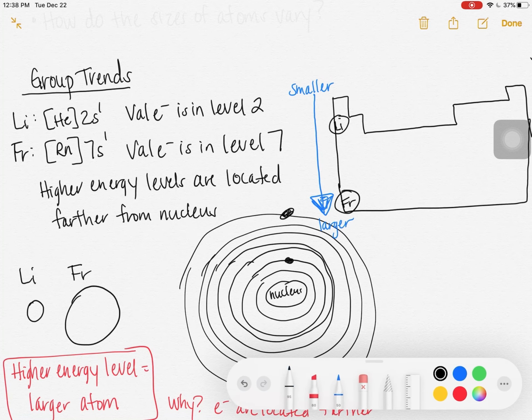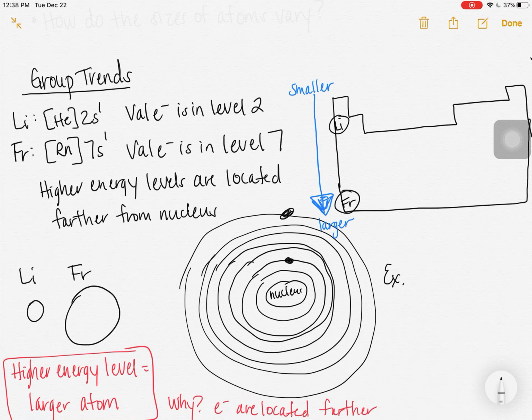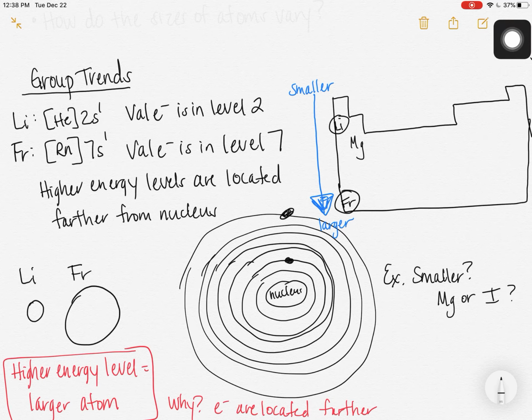So I could give you a second example, and I can ask you, who's smaller, magnesium or iodine? Now, I picked two that aren't in the same group, but that's okay because I want to reinforce this idea. So we think about where they are. Here's magnesium, and here's iodine. What are we looking at? We're looking at their last energy level.